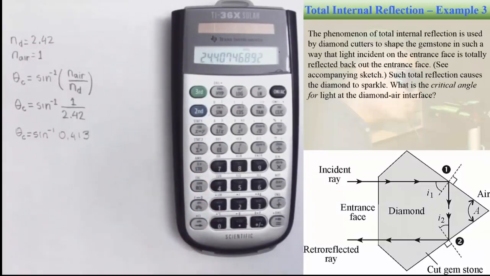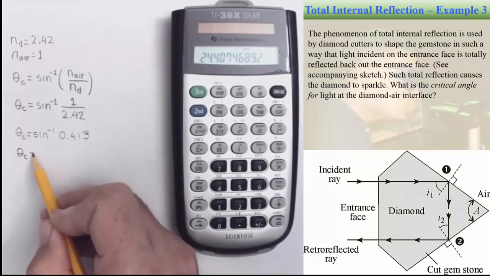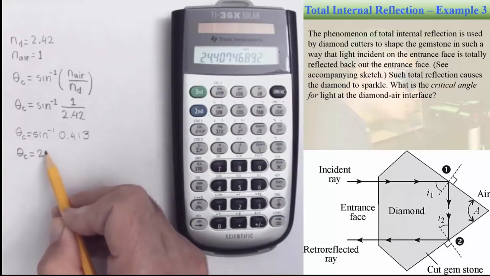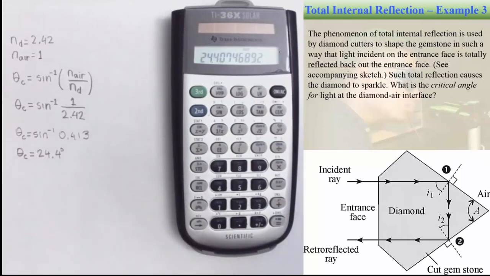So we get for the critical angle 24.4 degrees. So the critical angle in our case is equal to 24.4 degrees. That's the angle at which the light should be shone onto the surface between the diamond and air in order to produce the total internal reflection that would make our diamond sparkle.